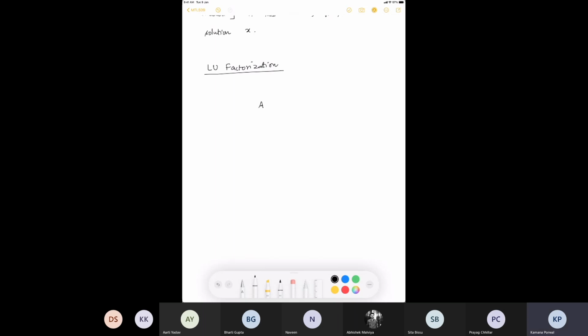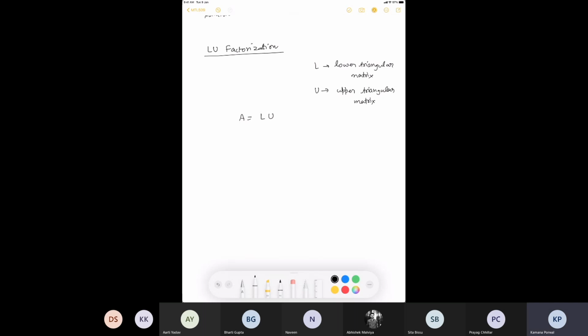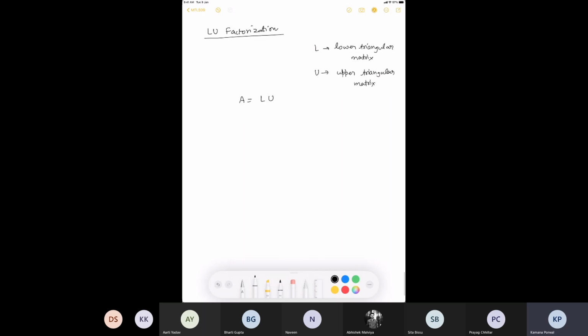Now, in certain situations, we can find a lower triangular matrix L and an upper triangular matrix, let's denote it by U, such that I can write the matrix A as the product of this lower triangular matrix L and the upper triangular matrix U.